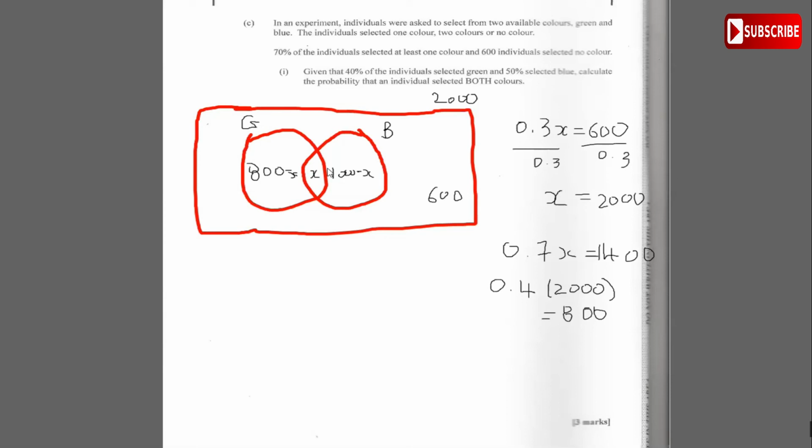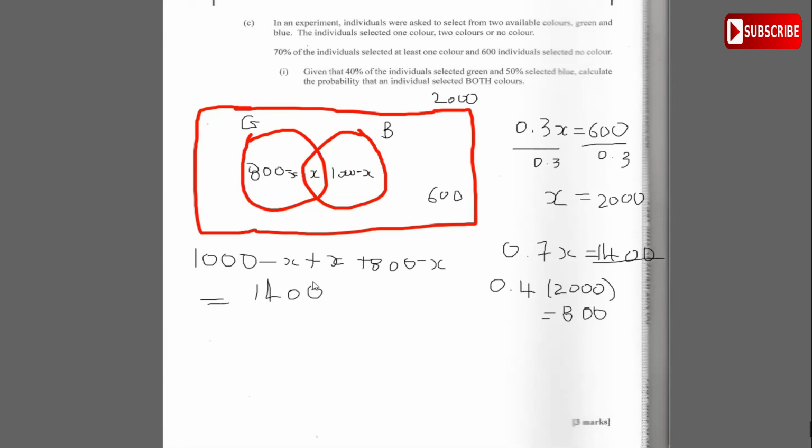Now we need to find X to know what this intersection is. So you can go now and say that 1,000 minus X plus X plus 800 minus X is equal to 1,400, because the total amount in this set sums to 70% of the population. That's 1,400. Cool.